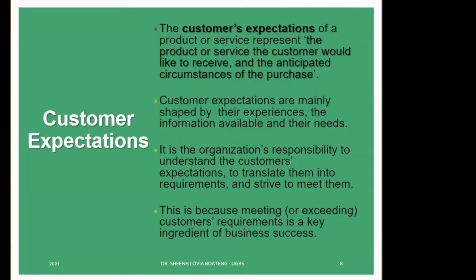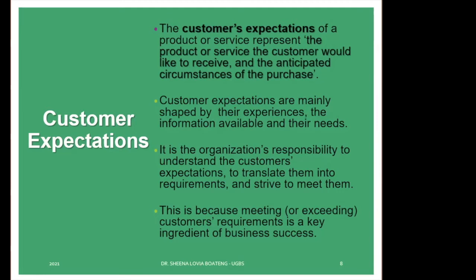And as a result of the potential products and services that, based on our experiences, we believe can solve that problem, we have some level of knowledge about the performance of these products and how they can help us satisfy this need. And because of this knowledge we have about these products and services and the manner in which they should help us satisfy this need, we come into every consumption experience with certain expectations.